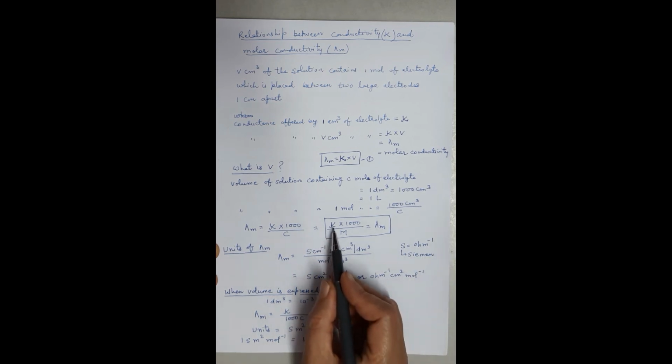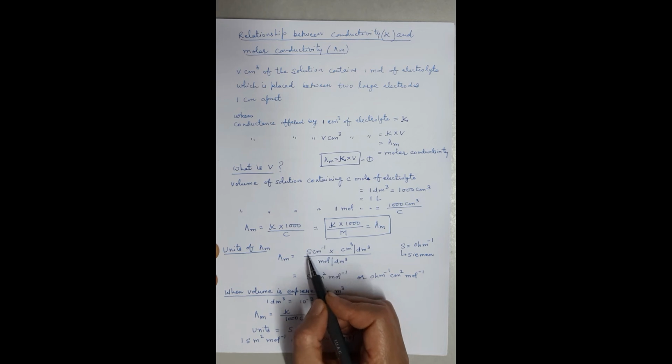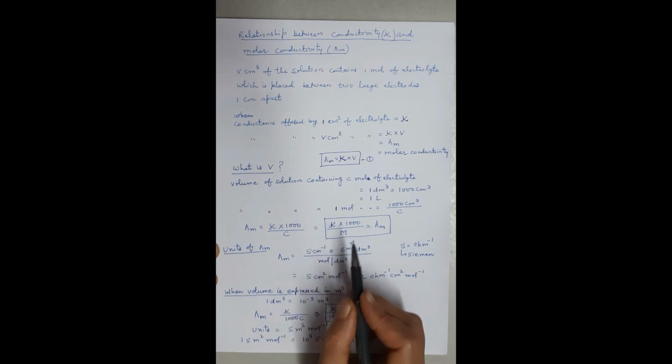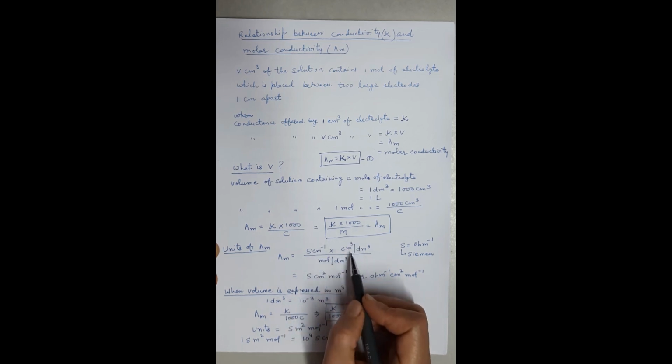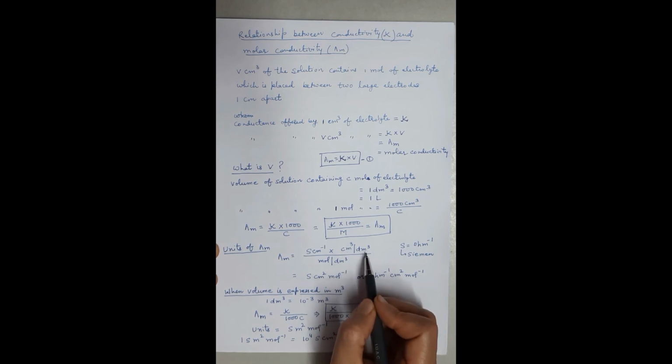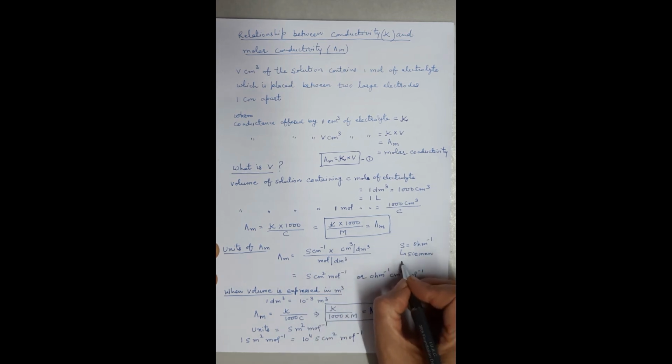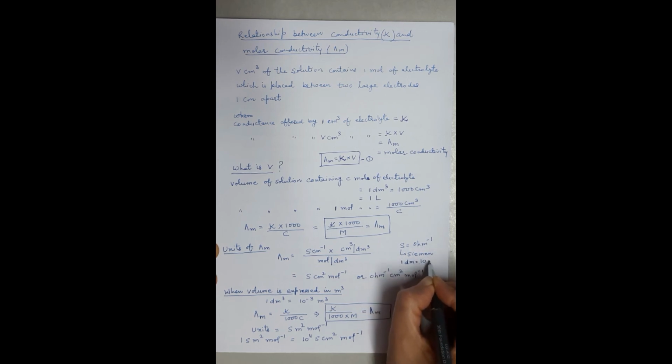So I can write down kappa is ohm inverse centimeter inverse. It can be written as Siemens centimeter inverse. And 1000 is centimeter cube upon decimeter cube. If you see the relation between these, it comes out to be 1000. Why? Because 1 decimeter is equal to 10 centimeter.